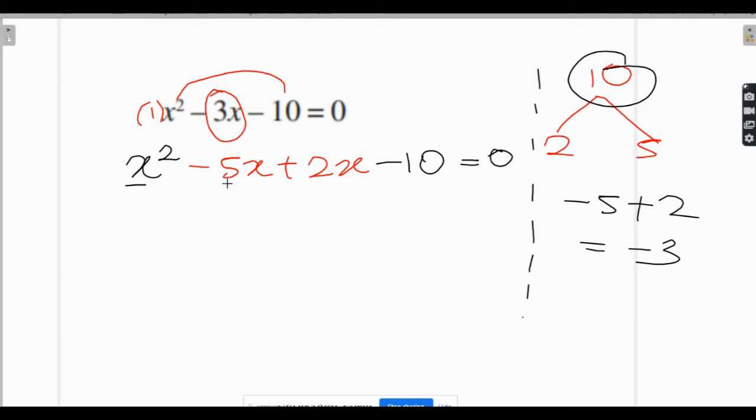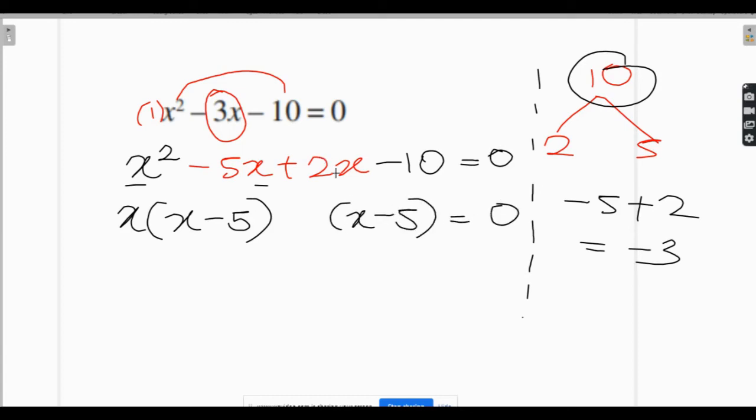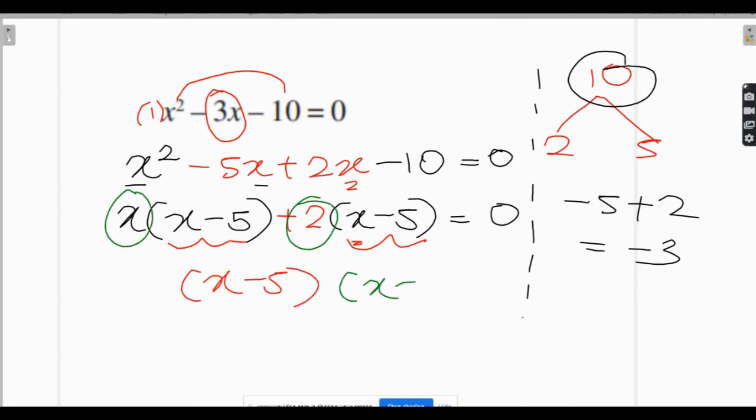Now take common. From this, what you can take common is x. So what remains is x minus 5. Copy the same bracket. If you take x common from here, what remains is 2, so 2x, 2 into 5 is 10. Now this bracket is repeated, I'll write it once, and this will be clubbed together.